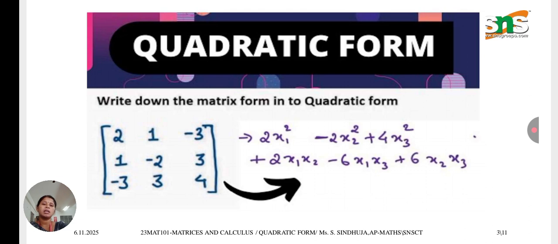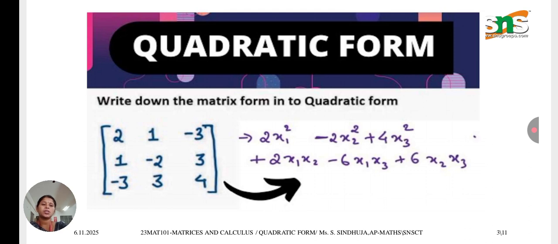Whereas for the other elements, in the first row the second element is 1, so it is in the position of 1, 2. Similarly, in the second row the first element, that is a21, is also 1. So we can write this together as 2 times x1 x2.